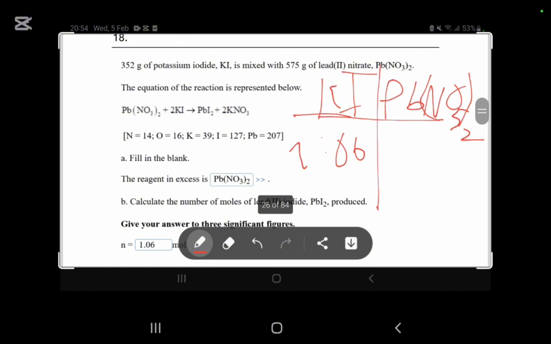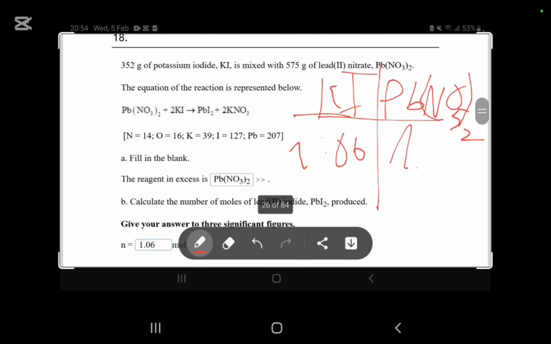And then Pb(NO3)2, so 575 divided by 207 plus, NO3 alone is 14 plus 48, 58 times 2, 206.